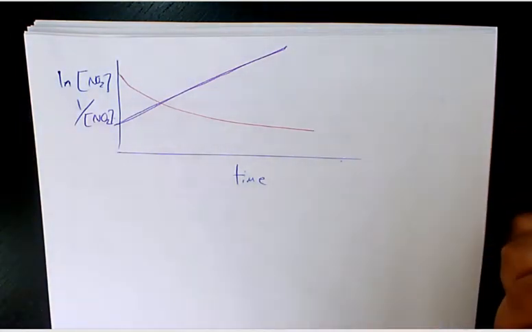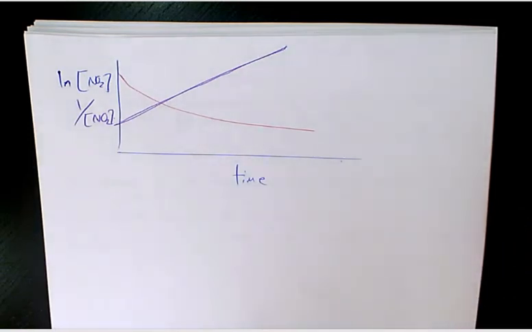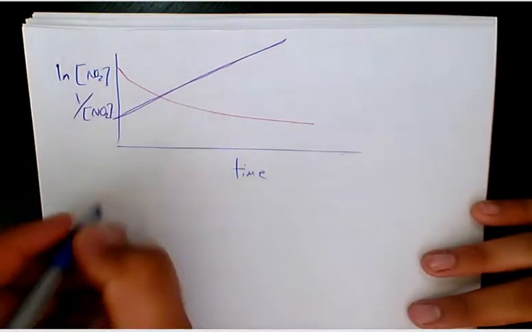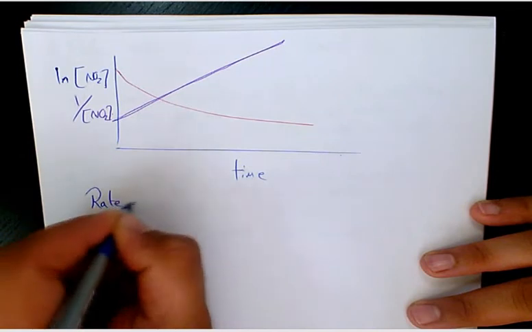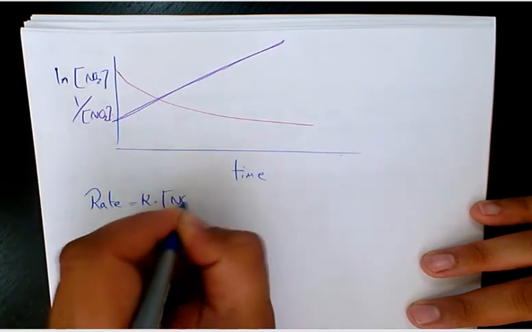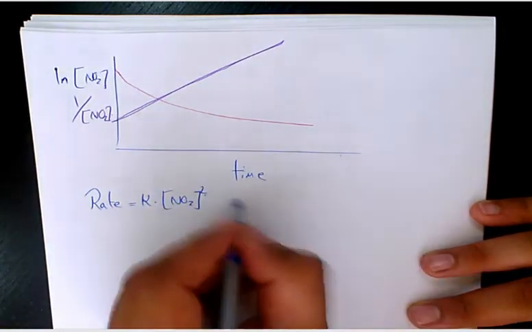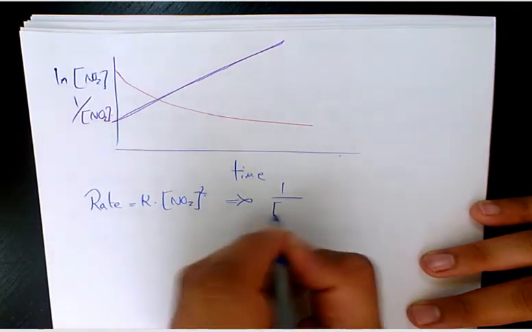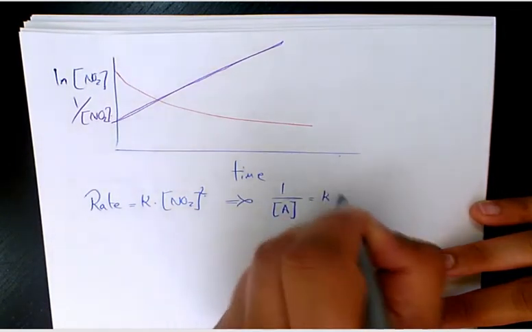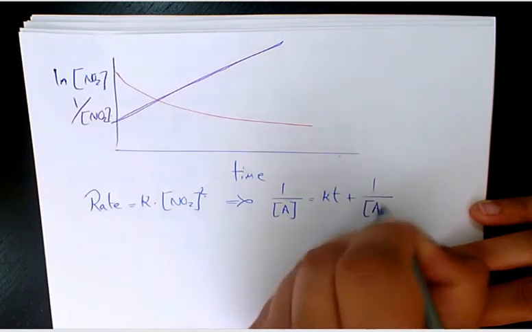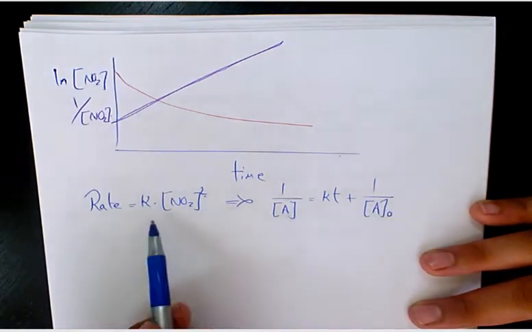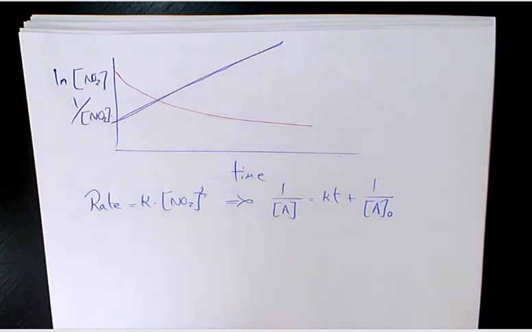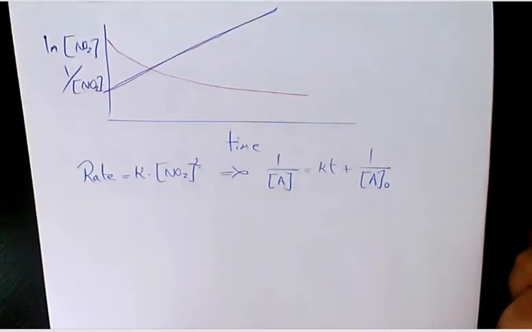So the plot of 1 over the concentration of NO2 versus time is linear, so the reaction is second order in NO2. So the rate is going to be K times NO2 to the power of 2. And there is going to be 1 over A equals KT plus 1 over A naught. Instead of A, you can put NO2. For simplicity, I just show it as A.